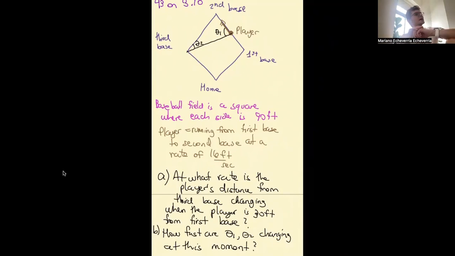The diagram itself can make it a little more confusing, as opposed to if it had been done a different way, like with respect to second base. But in this problem it's with respect to second base and the baseball field, so we have to adjust the diagram to that situation. So let's see. What are some options you could do here? What are some variables you could introduce?